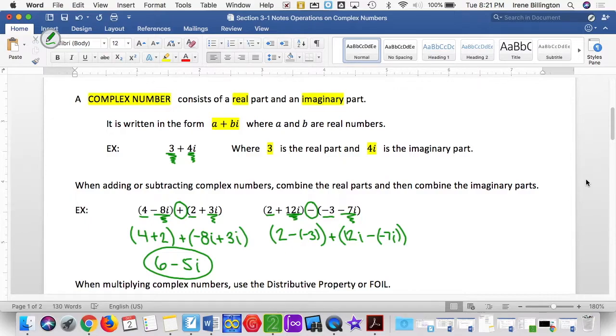The minus and negative is going to become addition. So when we combine our like terms, we have 5 as our real part plus 19i as our imaginary part.